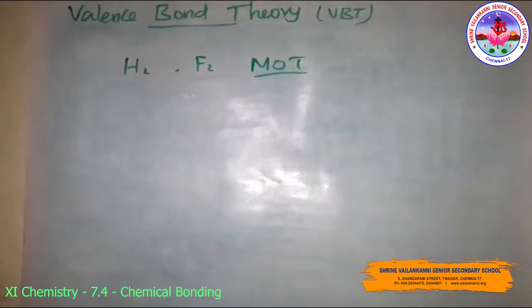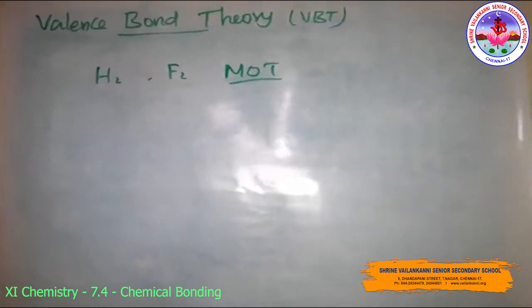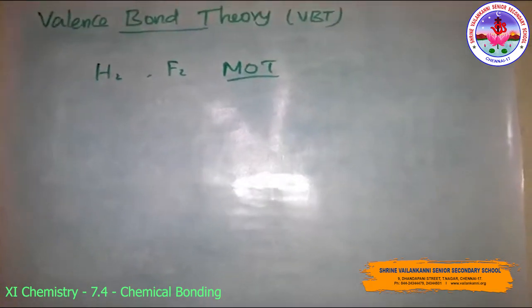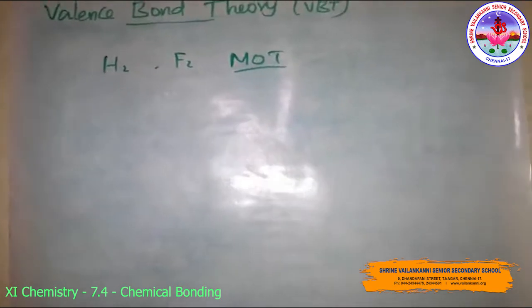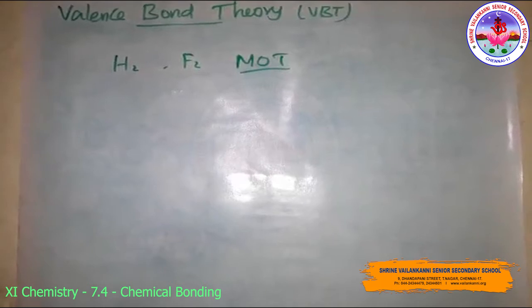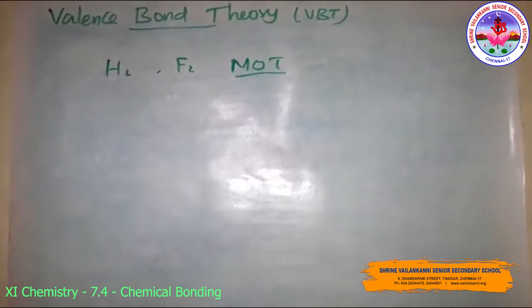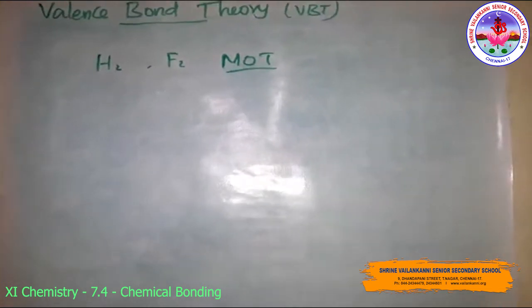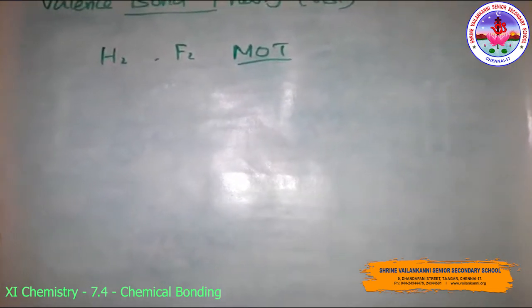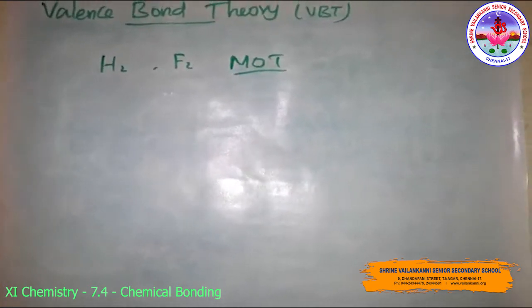Here, valence bond theory is based on the knowledge of atomic orbitals, the electronic configuration of the element, the overlap criteria of atomic orbitals, the hybridization of atomic orbitals, and the principles of variation and superposition.